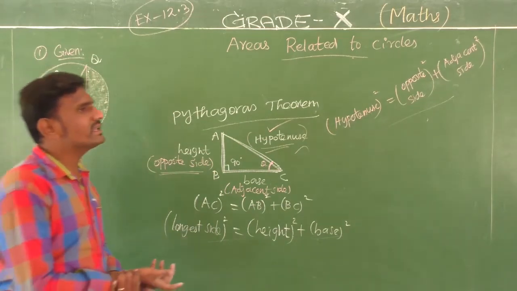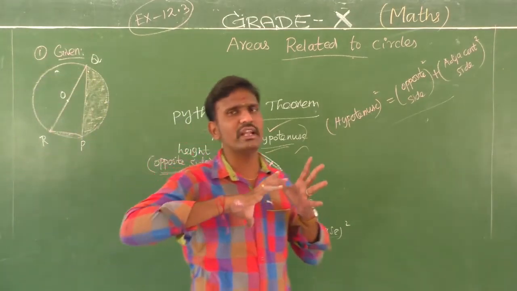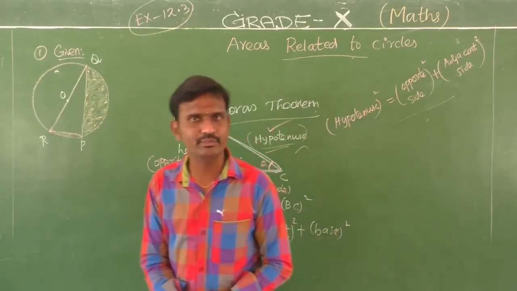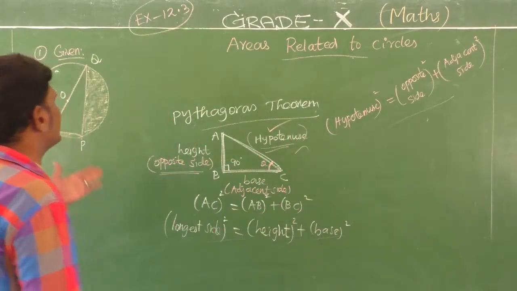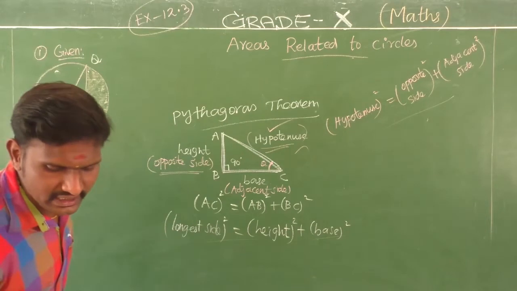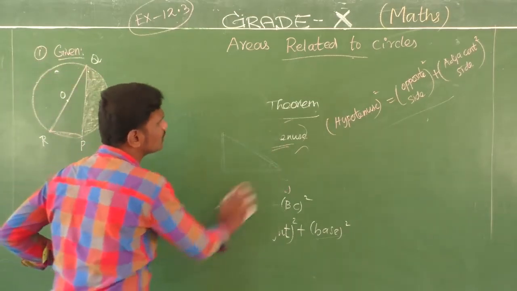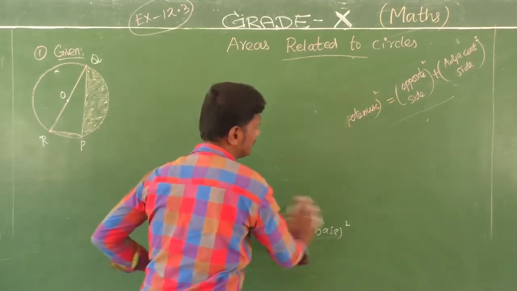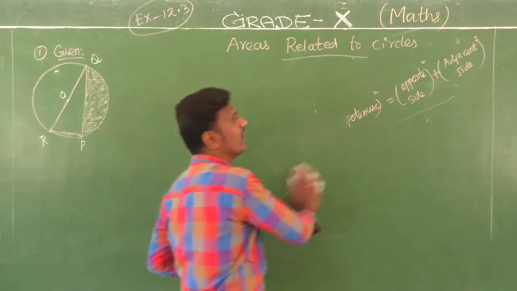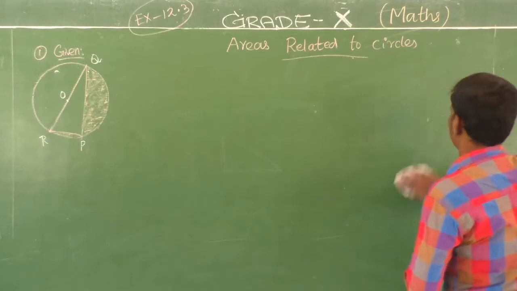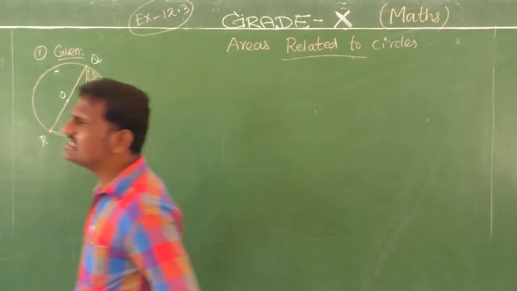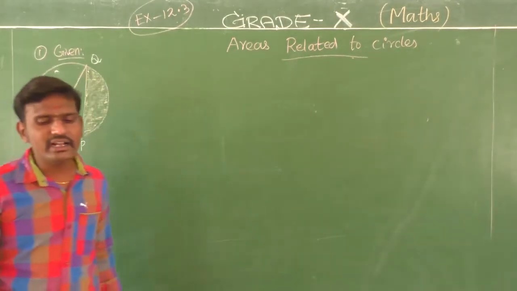When you take the trigonometry chapter, I will give you the full explanation. Now coming to this areas related to circles, the third exercise, it is necessary to know about the Pythagoras theorem: what it is and how to use it to find the missing side of a right-angled triangle.